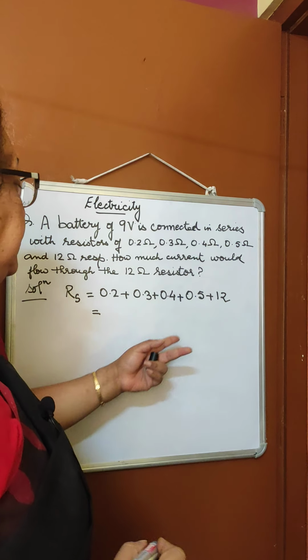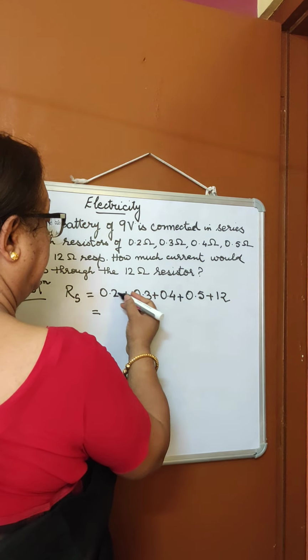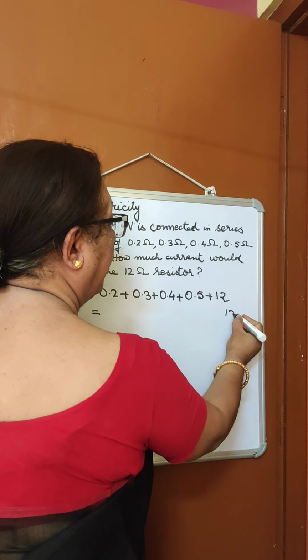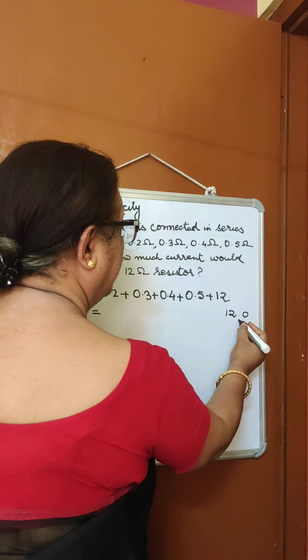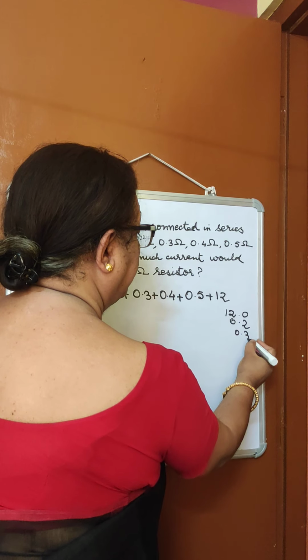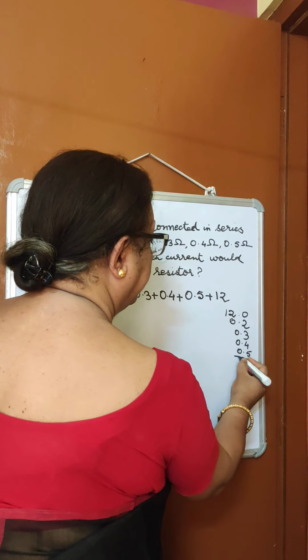So you add it and see how much you get. Now when you add, 12 is 12.0, then 0.2, 0.3, 0.4, 0.5.